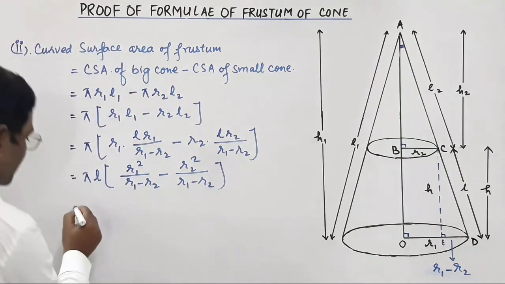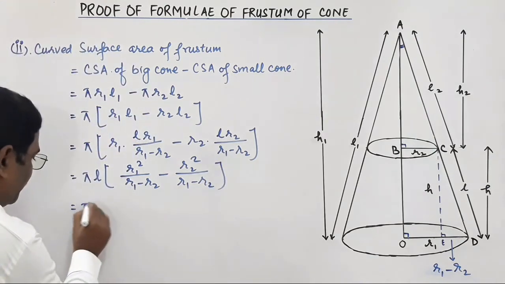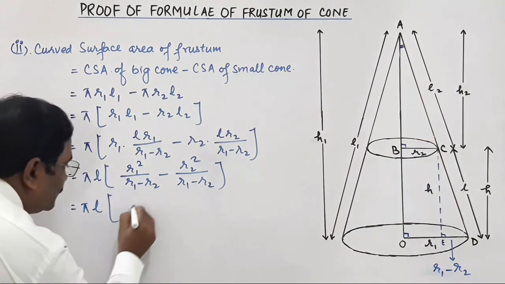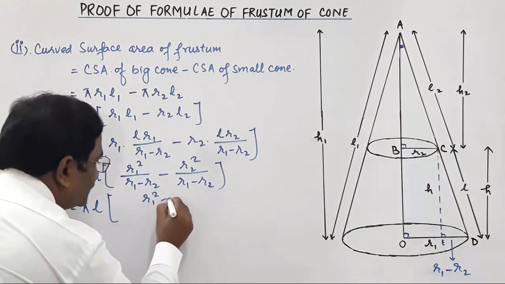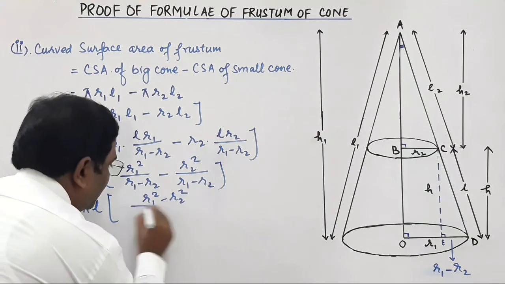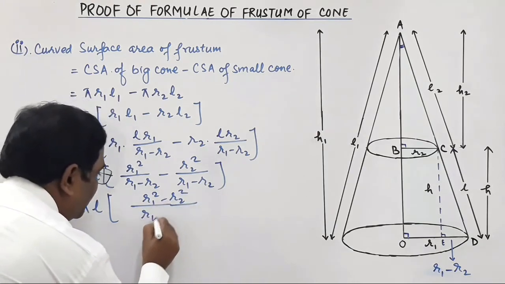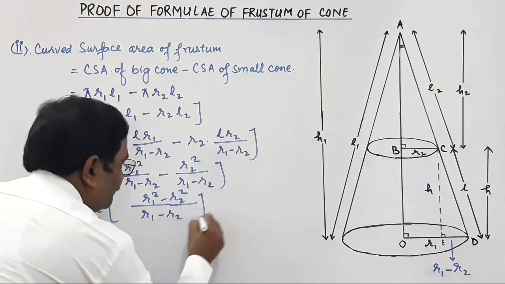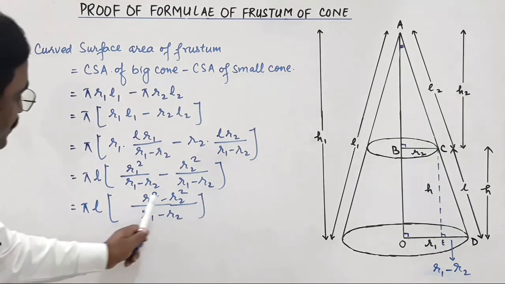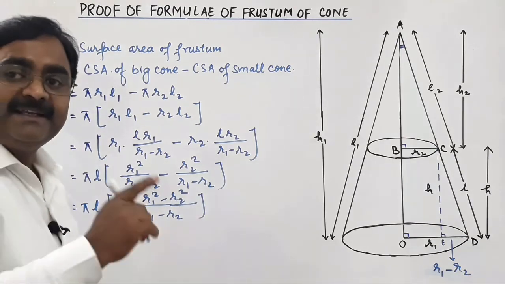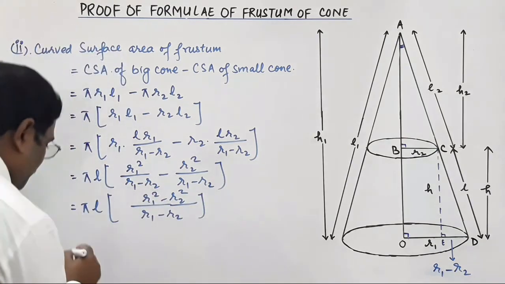Right friends? Now the denominators are same, so you can write R1 square minus R2 square divided by R1 minus R2. By the formula of a square minus b square, you can write it as a plus b into a minus b.